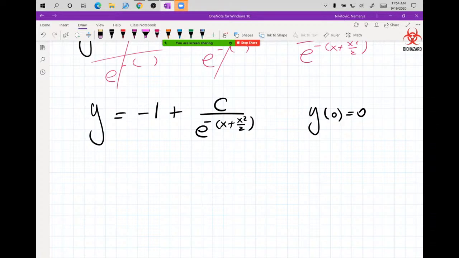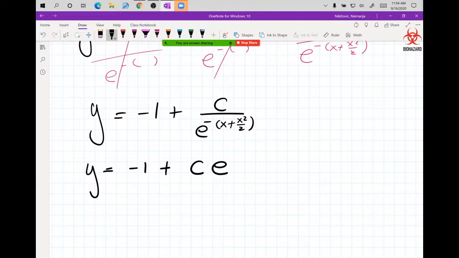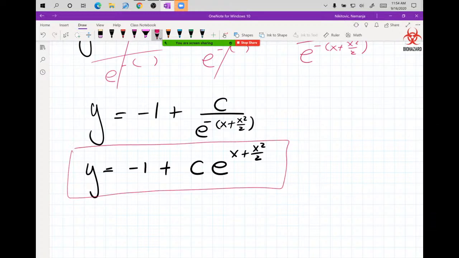This is a negative exponent there, so we'll do this. So y equals negative 1 plus c times e to the x. See, this negative in denominator will push that e to the top. So this is better as a general solution right here.